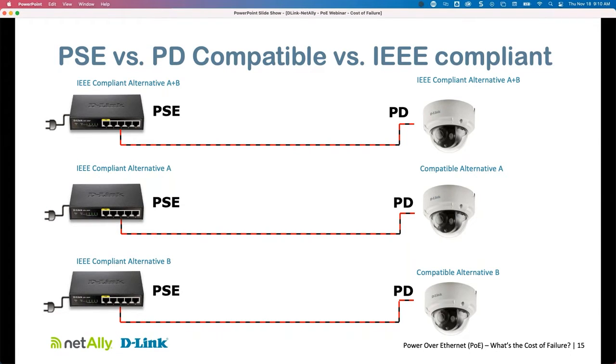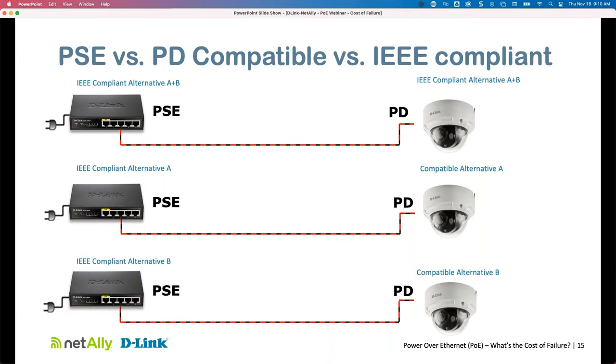So you'll see on our chart here, the switch can supply power to all the PDs, because if the PD you see on the right supports alternative A and alternative B, it could receive power from an alternative A and B switch, an alternative A switch, or alternative B switch.